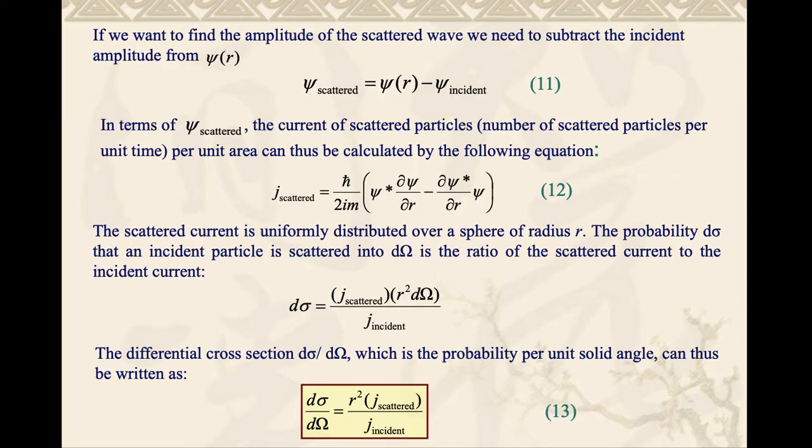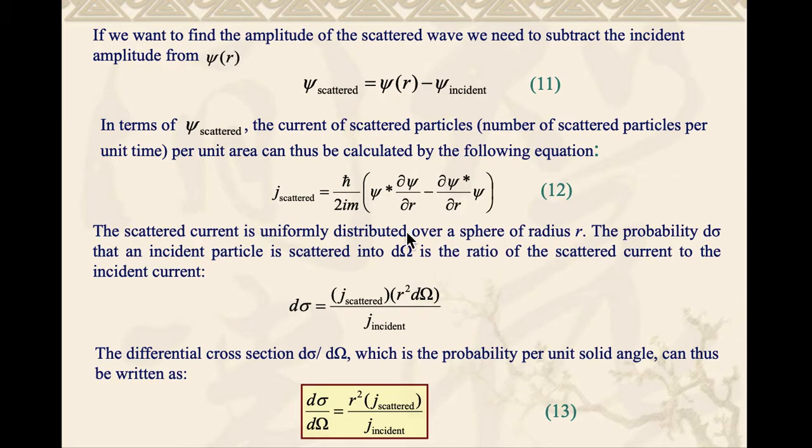If, say, half the number of particles are scattered in a particular direction, that is, in this solid angle, and you have n particles and n by 2 are scattered in the same direction, you can say the probability of scattering is 50%. That means n by 2 by n.